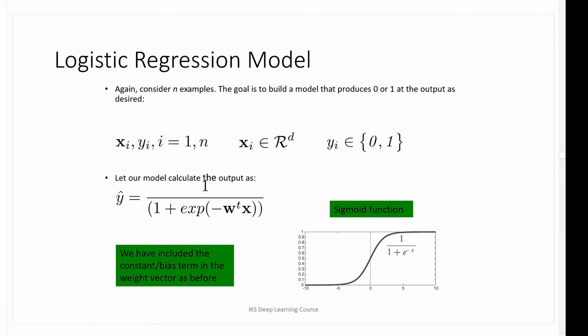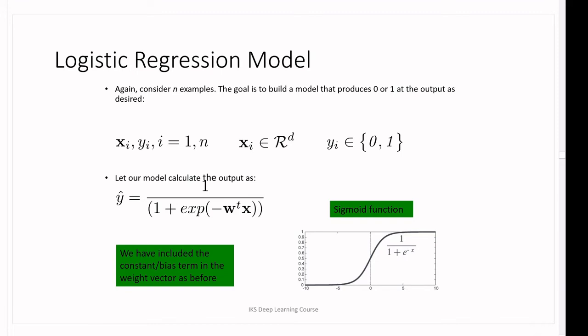We define the output of our model as 1 divided by 1 plus e to the power minus W transpose X. This function, 1 divided by 1 plus e to the power minus x, is known as the sigmoid or sigmoidal function, and it has a shape as shown here. Because of this function, the output of the model will always lie between 0 and 1.